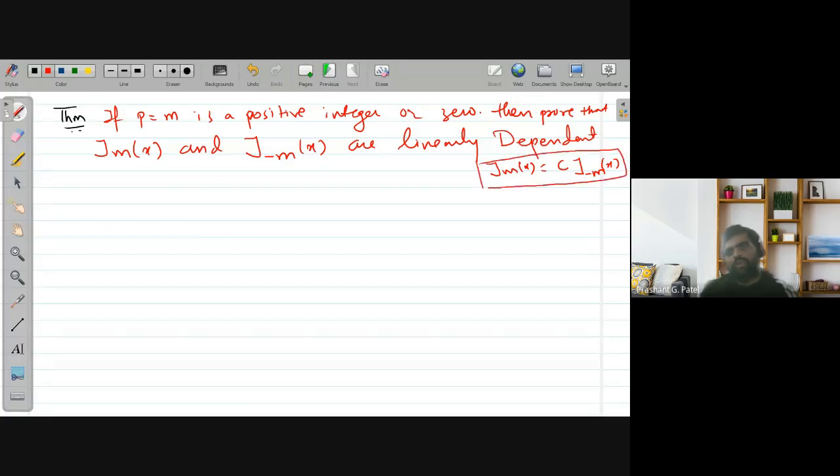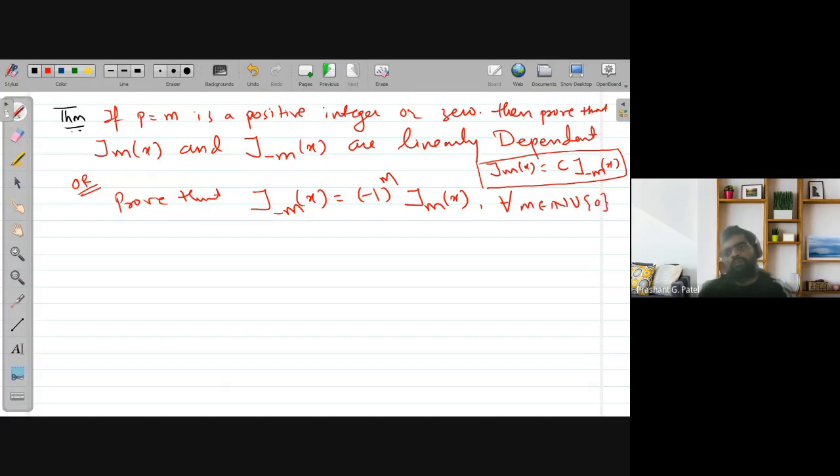Ultimately this statement can also be written as: prove that J_{-m}(x) is equal to (-1)^m J_m(x) for every m belongs to N union singleton 0. So this is another way of writing this expression. Let us try to prove this.